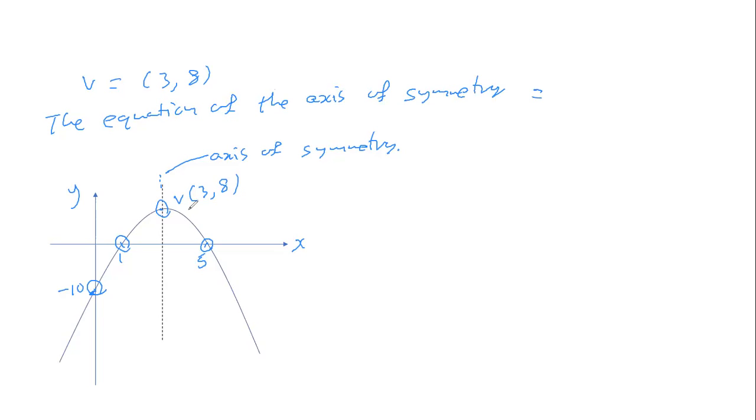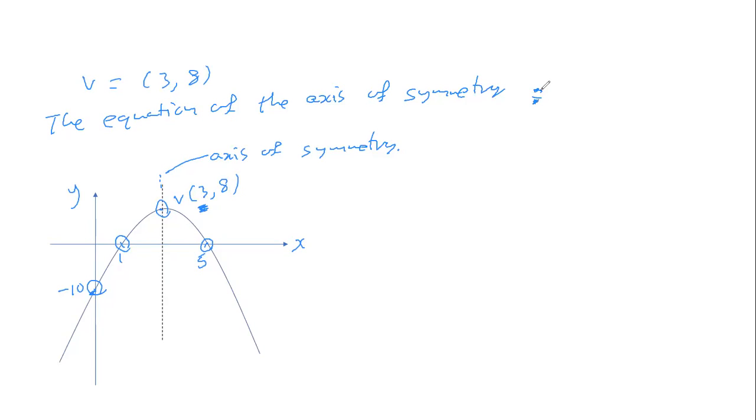is what? Now look, axis of symmetry has nothing to do with the parabola. It's a vertical line. We know it passes through this vertex, which is 3, comma 8. So if it is a vertical line, its x-coordinate never changes. Therefore, the x-coordinate is equal to the x-coordinate of the vertex.